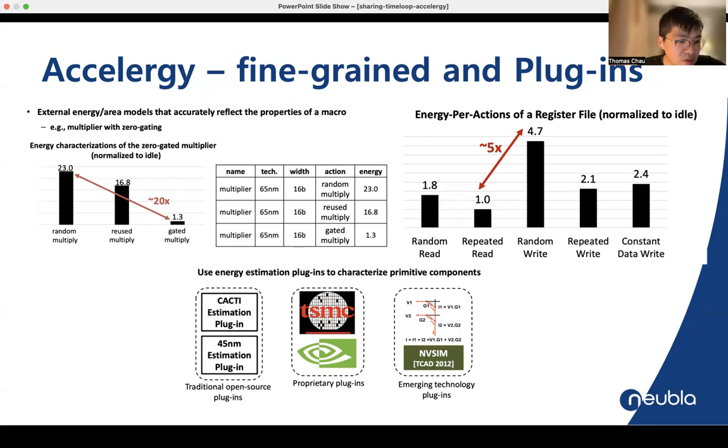These differences lead to a significant difference in energy, and if they are not modeled, then the energy estimation would not be accurate. In Accelergy, these properties are captured by the fine-grained components. Furthermore, Accelergy supports different open source, proprietary, or emerging technologies via plugins.